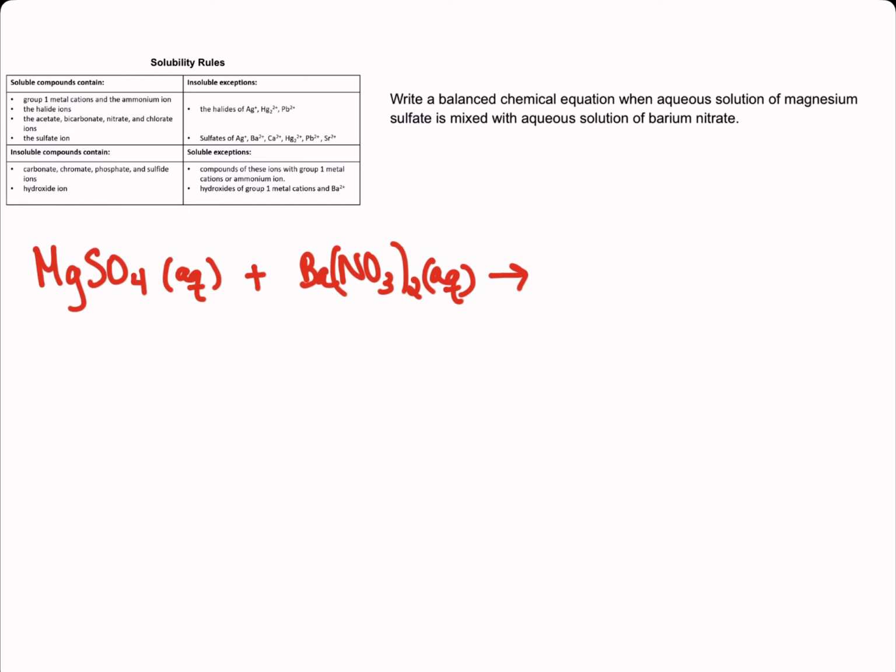So the first thing you want to do on scrap paper is to go ahead and break up your reactants to cations and anions. Magnesium is 2 plus, sulfate is 2 minus, barium is 2 plus, and nitrate is 1 minus.